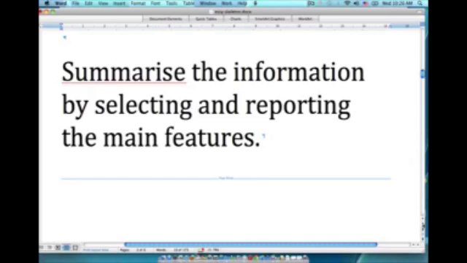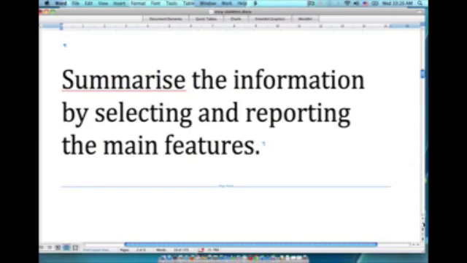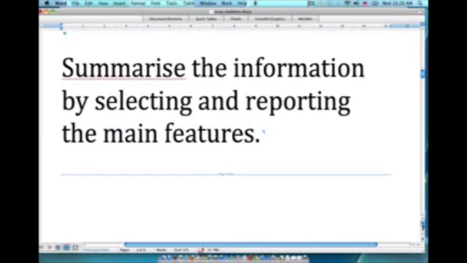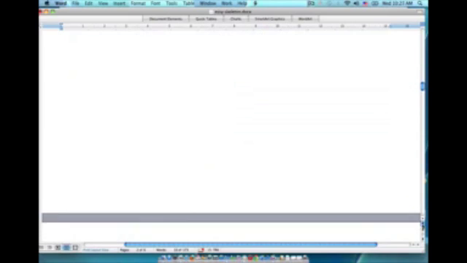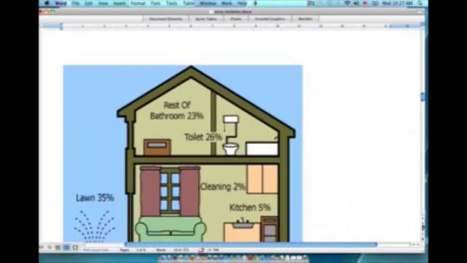So these are the instructions that we are to follow in this task. And we've been told that this is data pertaining to Australian water usage in the year 2004.